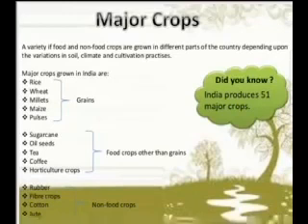These are grains. Sugarcane, oilseeds, tea, coffee, horticulture crops are food crops other than grains. The non-food crops are rubber, fiber crops, cotton and jute. Did you know India produces 51 major crops?